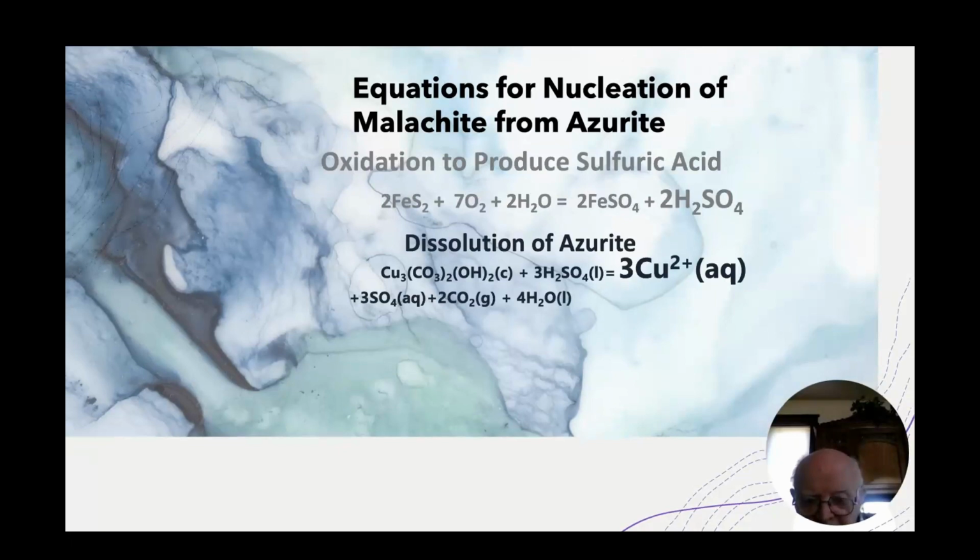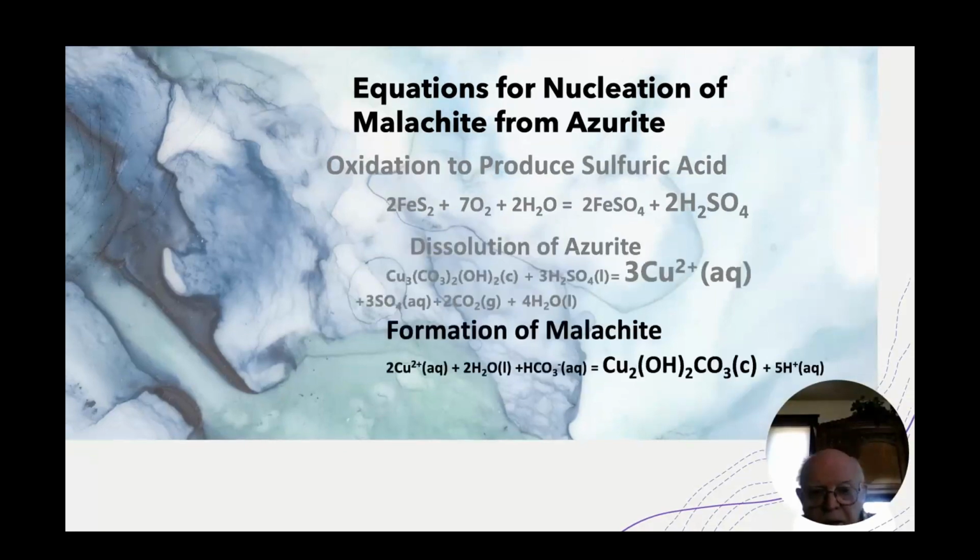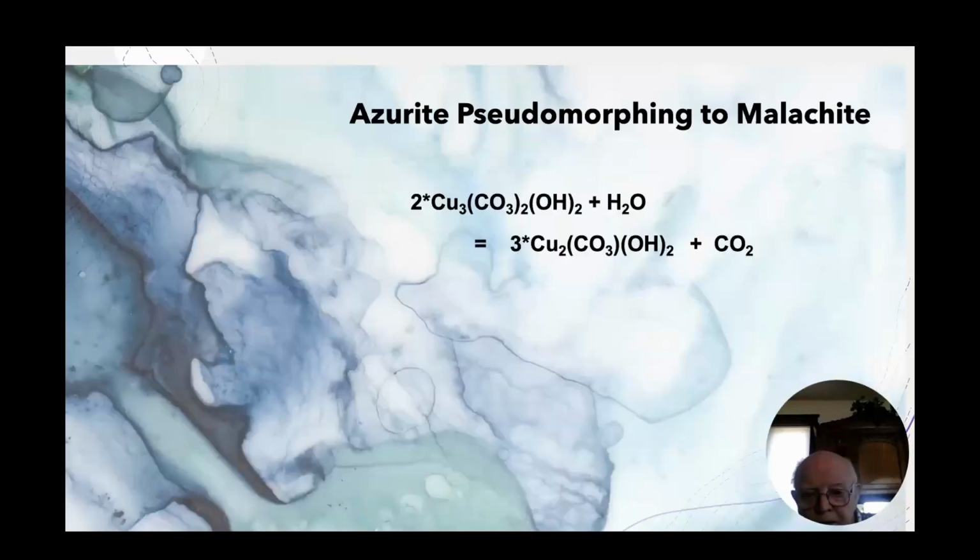Sulfuric acid can dissolve azurite and produce copper ions. Malachite can form from copper ions if water and bicarbonate are present. Malachite can be produced from azurite if water is added to the azurite, and that will result in malachite and CO2.